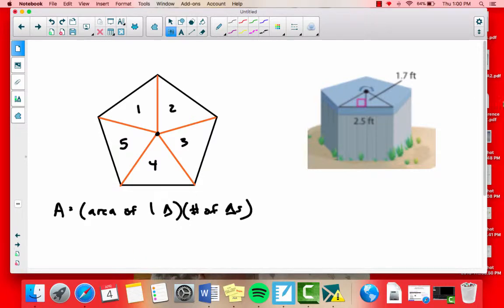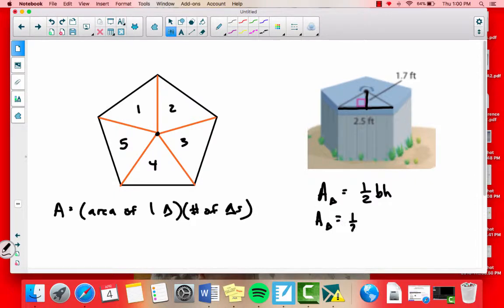And if you remember from previous sections, the area of a triangle equals 1/2 base times height. Well, the good thing in this particular example is that they gave us the base and they gave us the height. So really this is going to be a quick calculation, plugging some numbers in, and then we would be finished. So I'm going to calculate the area of the triangle right away.